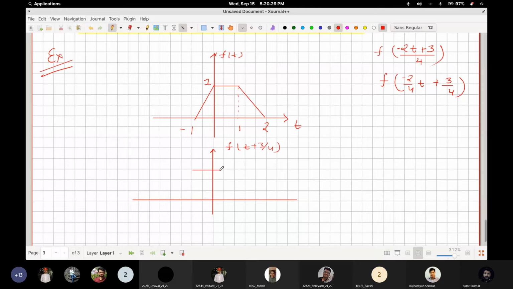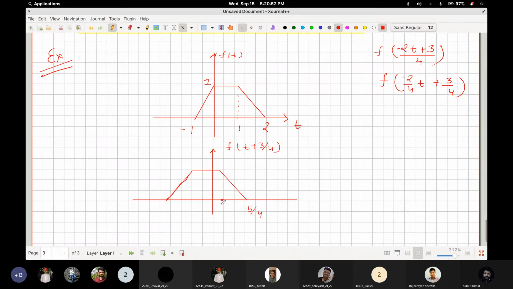ये सिग्नल आ जाएगा हमारा कुछ ऐसा, राइट? I'm not able to draw properly. So this is 2 minus 3/4, तो कितना हो जाएगा ये? 5/4, this point, and this is 1 minus 3/4, so this becomes 1/4, right?